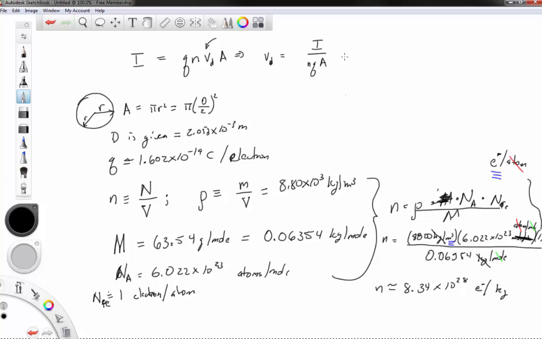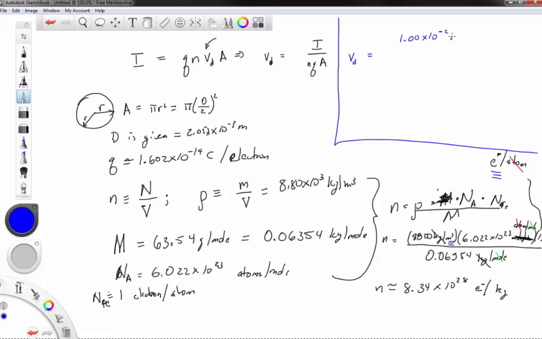Okay, so now we can combine all of this information, which we'll do up here where I've got some space to work in. And what you end up with is that the drift speed needs to be, I was 10.0 milliamps. So that's 1.00 times 10 to the minus 2 amps. You've got to divide that by N, which was 8.34 times 10 to the 28 electrons per, not kilogram, it's per meter cubed.